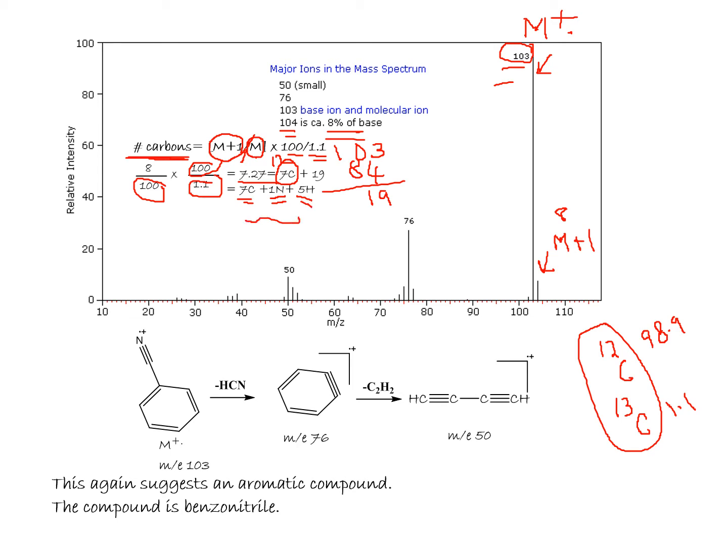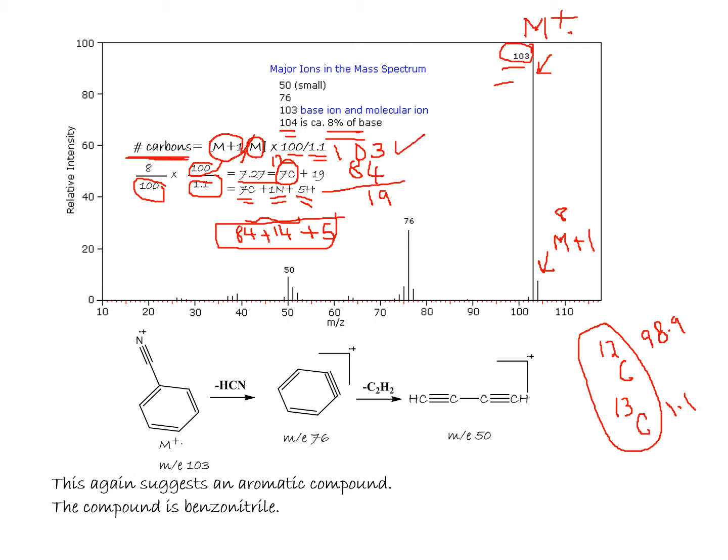So here is 84 plus 14 plus 5. Put them together, that's 103.